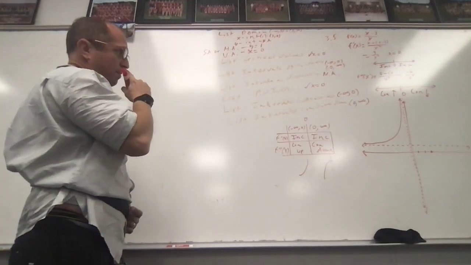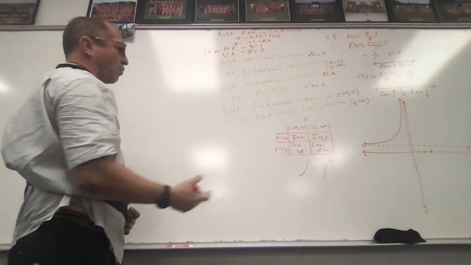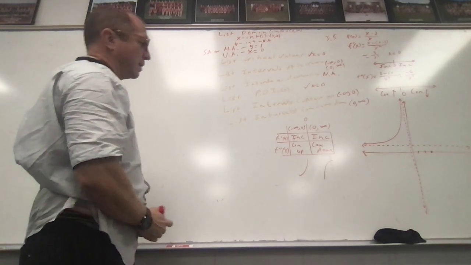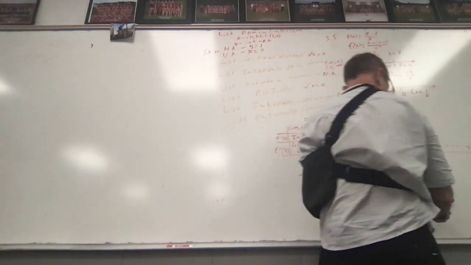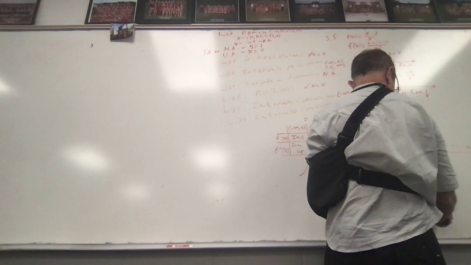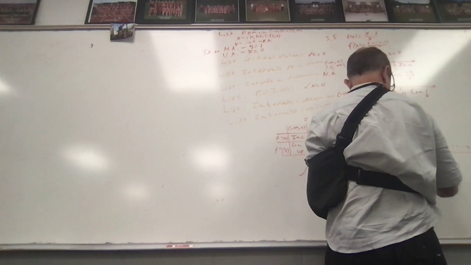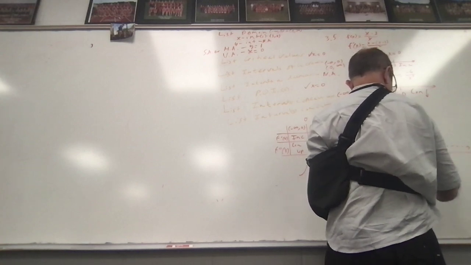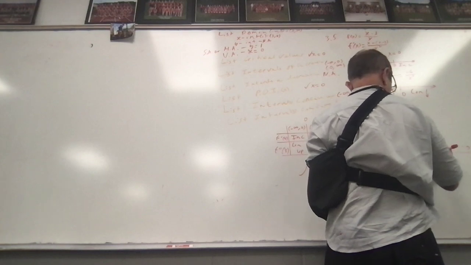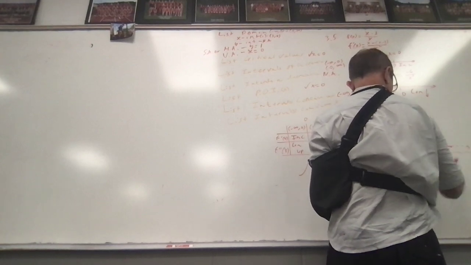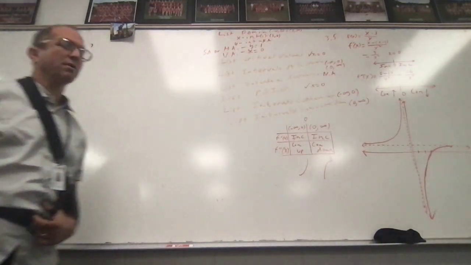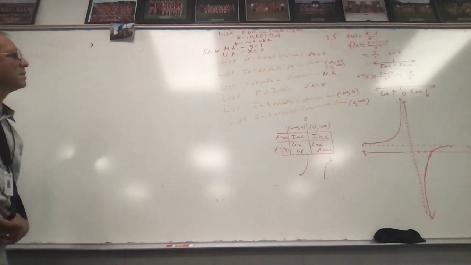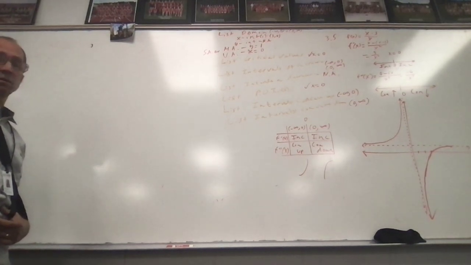And then to the right of the y-axis, I'm increasing and I'm concave down. And I also need to pass through this point right here. So again, trying to hug up against the asymptotes as much as possible. And it goes something like that. So that's essentially what the graph of f of x equals x minus 3 over x looks like.